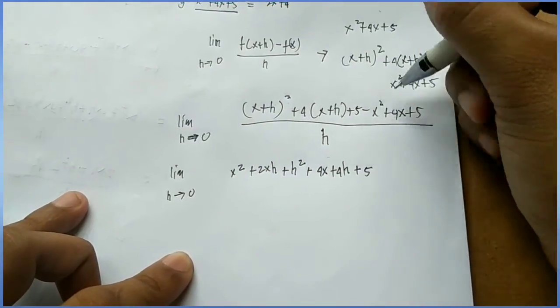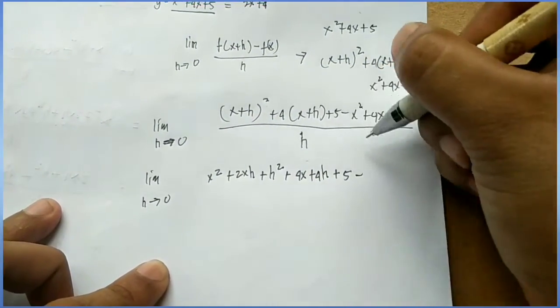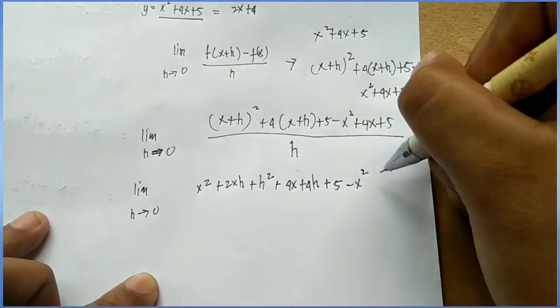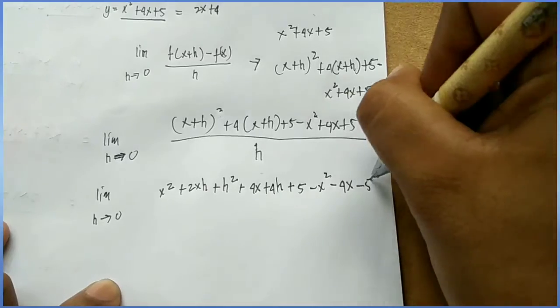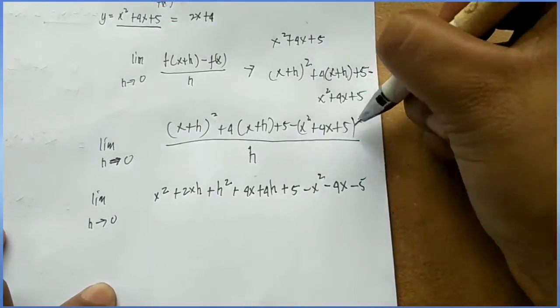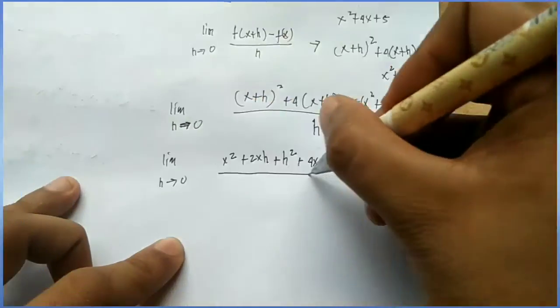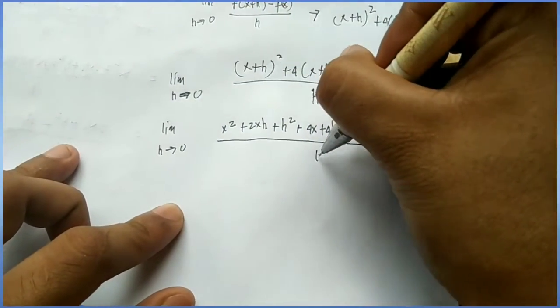The negative distributes over f of x, so we get negative x squared minus 4x minus 5, all over h.